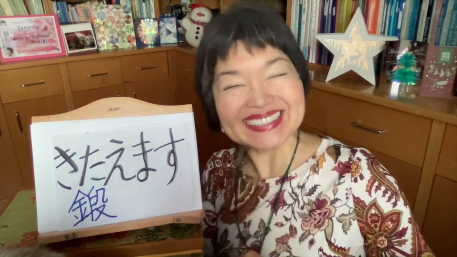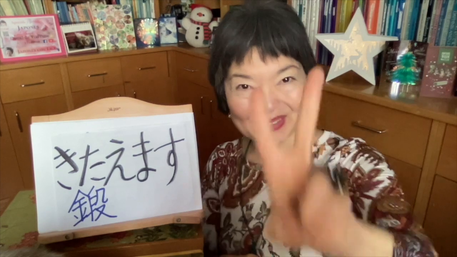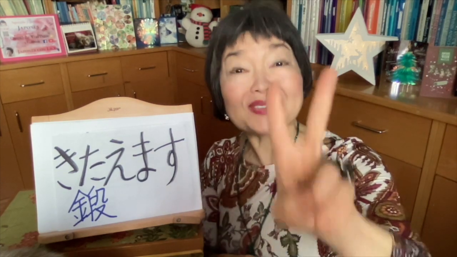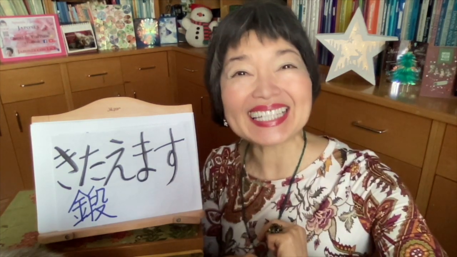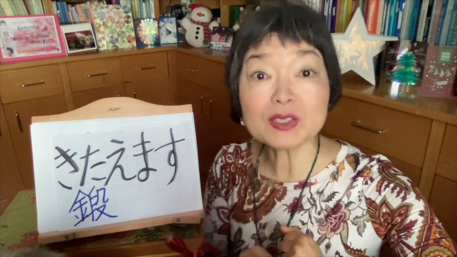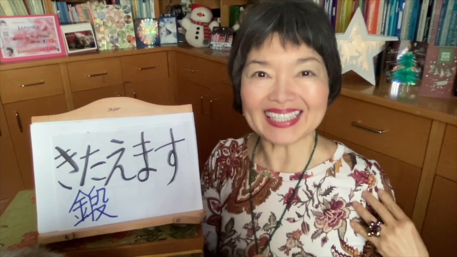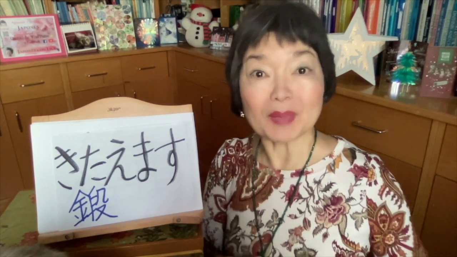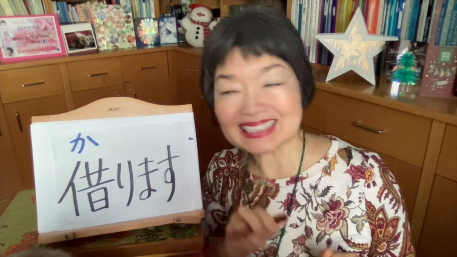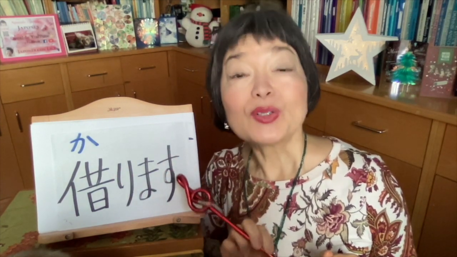6番目、鍛えます. Just before masu, it's an e sound. So which group? Very easy: group 2. Group 2 is very easy to conjugate because you take off masu and add te: 鍛えて. 鍛えます means to train the body or to work out muscles. 7番目、借ります, to borrow. Which group is it?